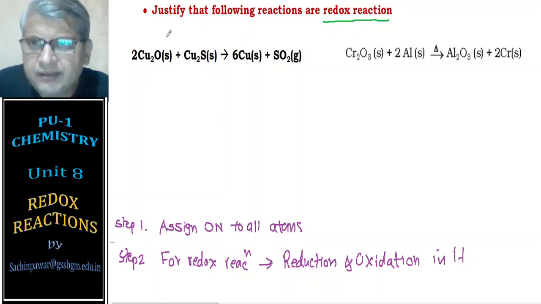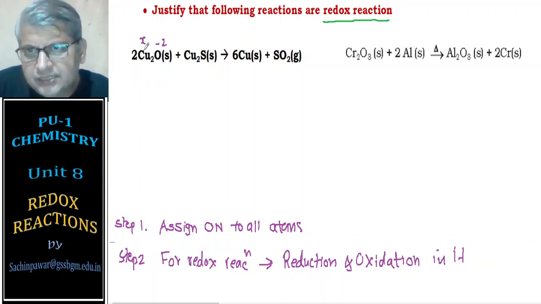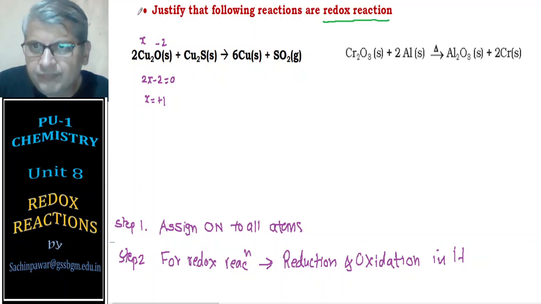Okay, let's do that. Here oxygen is minus 2, copper is X. So 2x minus 2 is equal to 0. So X is equal to plus 1. Copper is in plus 1 state.